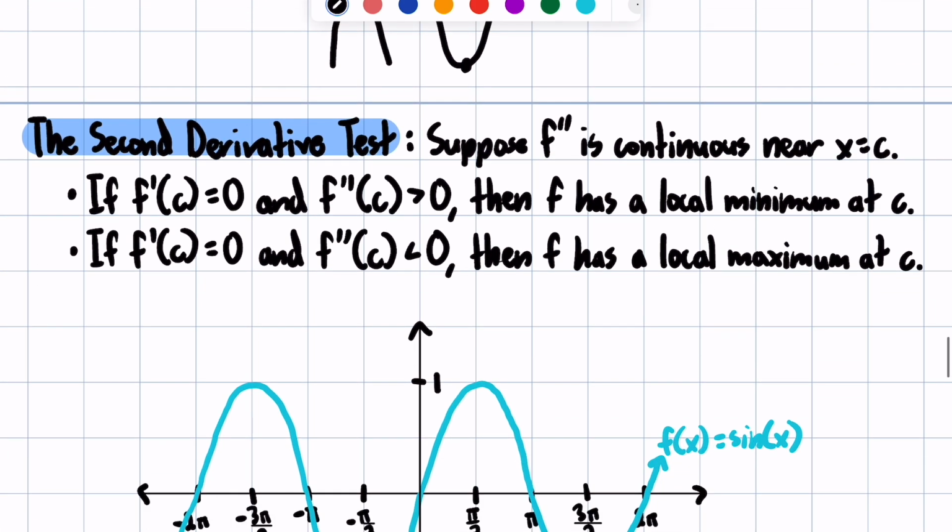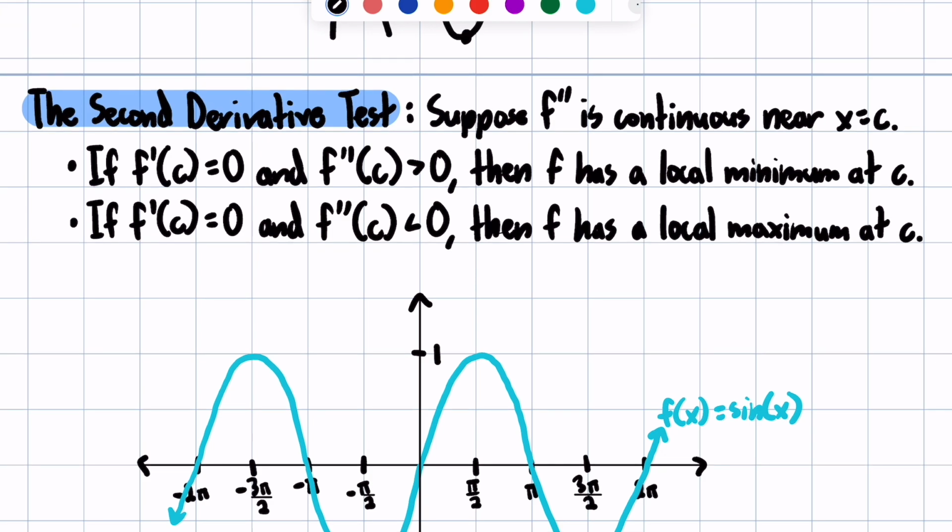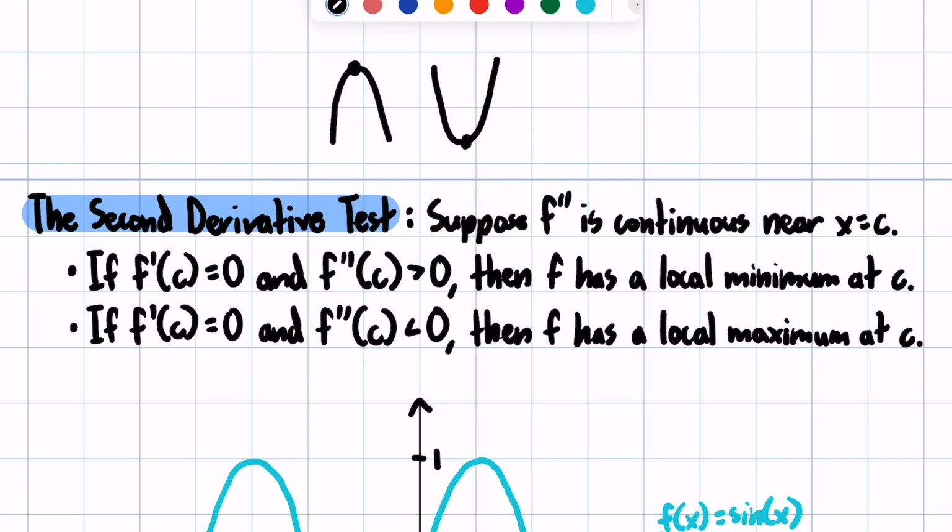So for the second derivative test, we're assuming that the second derivative of our function is continuous near some point x equals c, right? So if f prime of c equals 0, meaning we have a critical point there based on the first derivative, and if the second derivative is positive, so critical point and second derivative is positive means we're concave up, that is going to be a minimum.